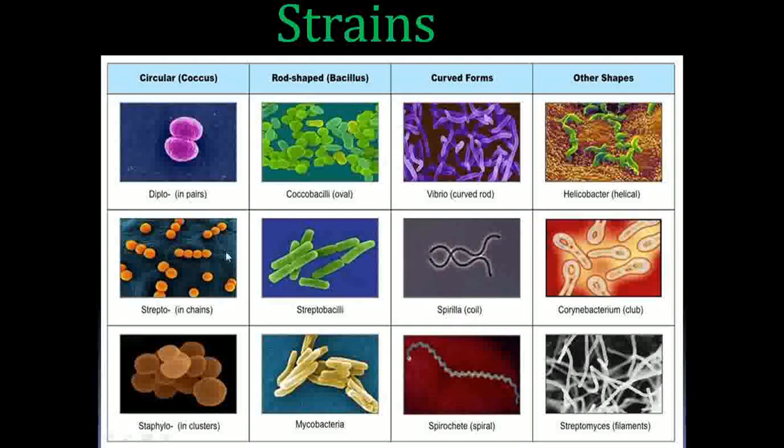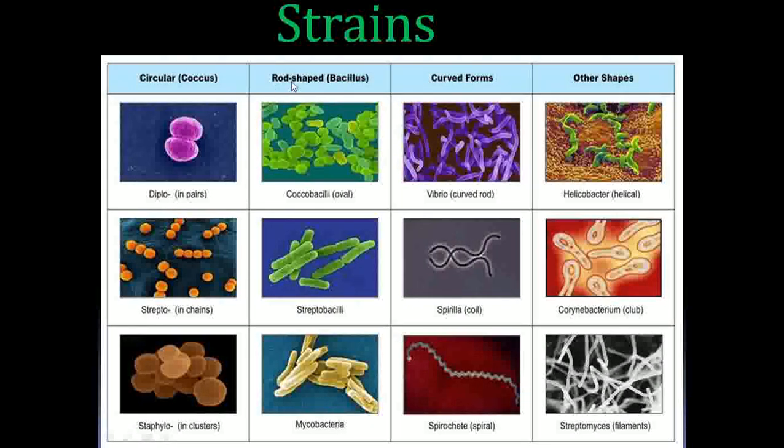If they are in chains, Streptococcus; in clusters, Staphylococcus. And if they are in a combined form, circular as well as rod shaped, slightly oval, it will be called Coccobacilli. Then streptobacilli, a chain of bacilli.